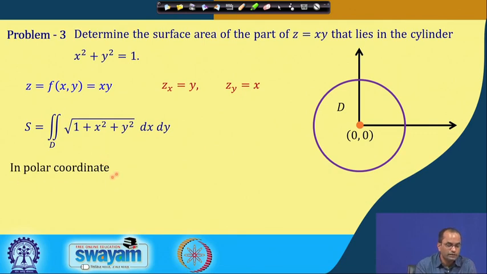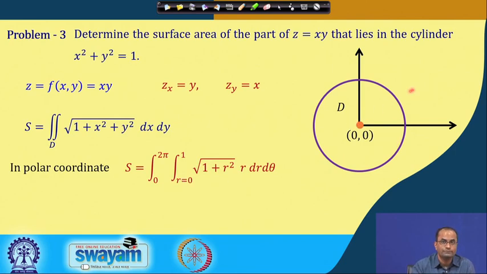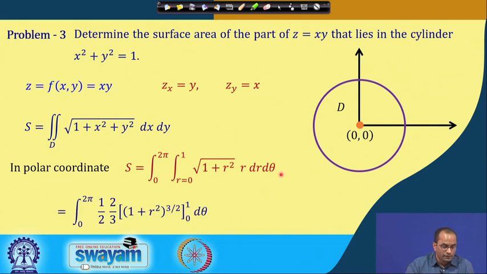In polar coordinates, for the circle we get theta from 0 to 2 pi, r moves from 0 to 1, from this point to the exit point, which is the circle, and we have the square root of 1 plus r square and then r dr d theta.